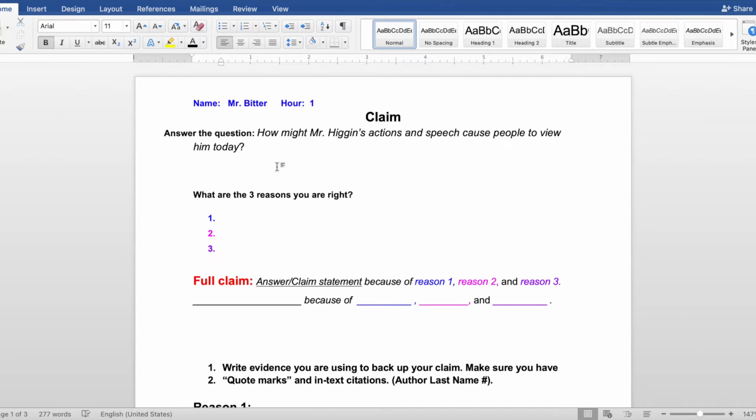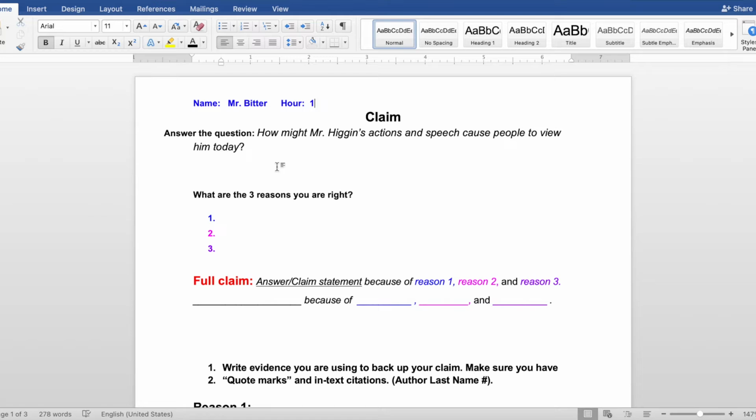Okay. Our main question is, how might Mr. Higgins' actions and speech cause people to view him today? We have to think about, like, what has he been doing in the play to Eliza, Mr. Pickering, and others, and how would people today see him based on those actions?